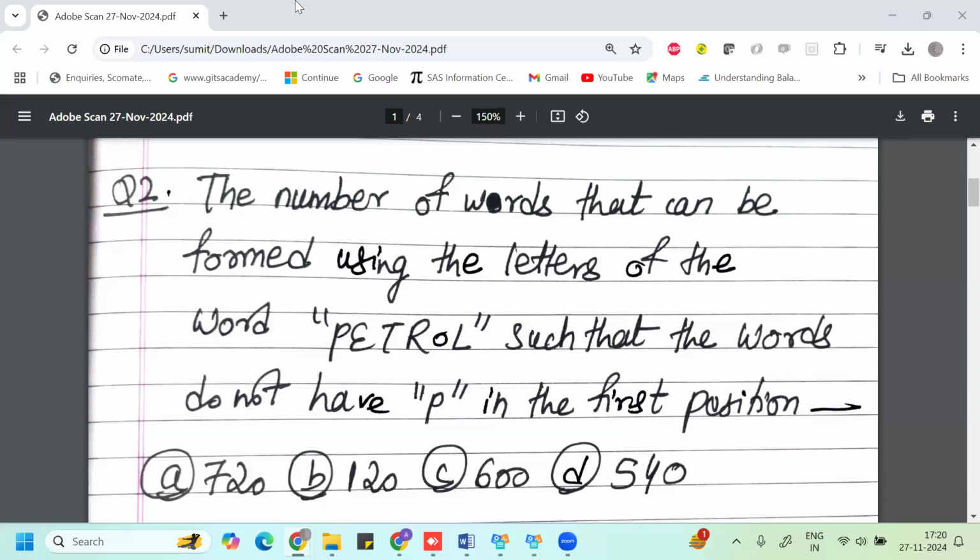Very good, guys. What about others? 600 is the answer. Very good. Everyone got the answer? If everyone got the answer, then we'll do the next question. Any doubt?